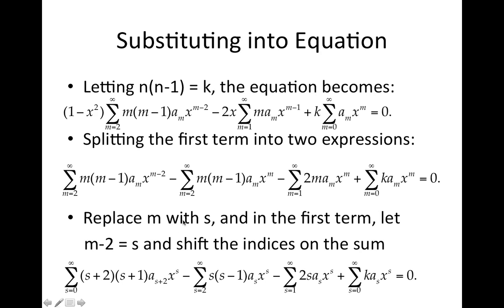So notice that everywhere else we just got a direct replacement of s for m, but in this first term of the sum we replaced s with m minus 2. That makes this power go to x to the s, and this index on the sum run from 0 to infinity instead of 2 to infinity. Since you are shifting both the exponent and the indices on the sum, you're allowed to do that. You can actually prove to yourself that that works out okay.